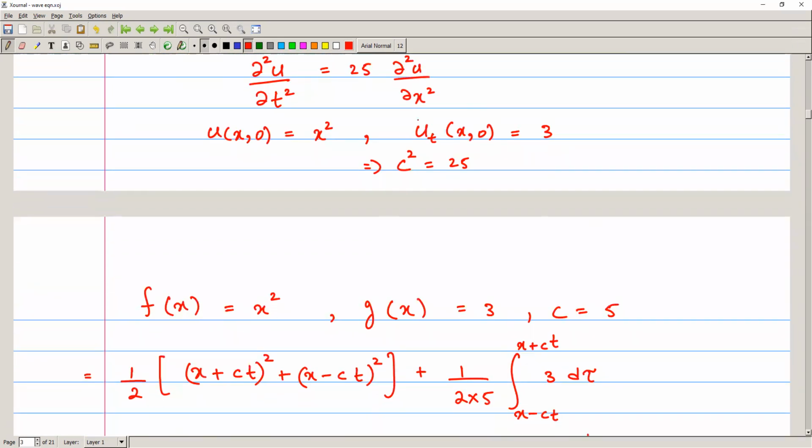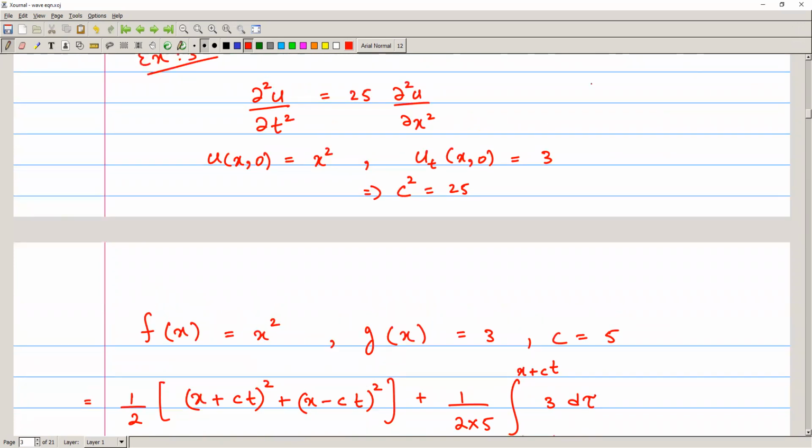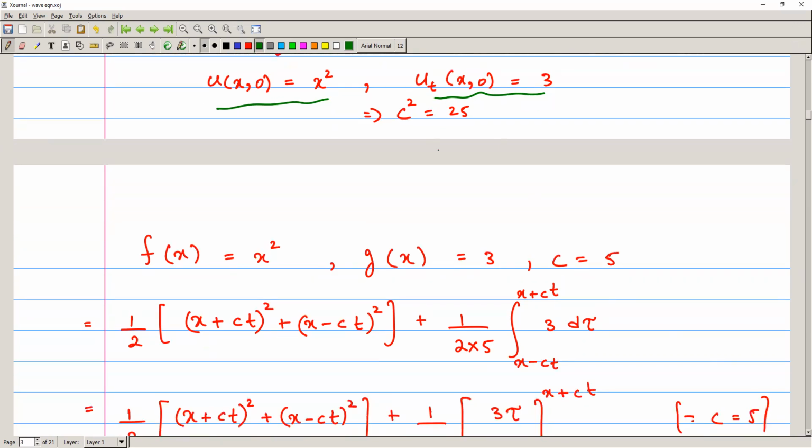Here you can see that the equation is given, and in this case, c squared is equal to 25. Right here we can see that this is the initial displacement, this is the initial velocity. So f of x is equal to x squared, g of x is equal to 3, and c is equal to 5.